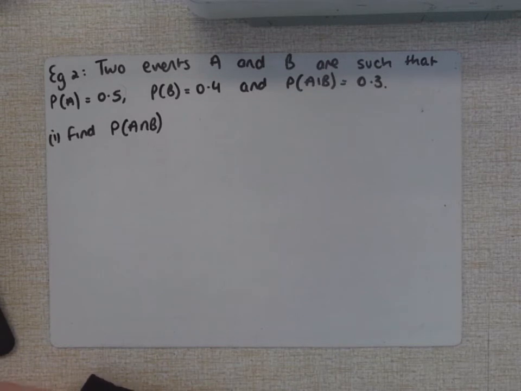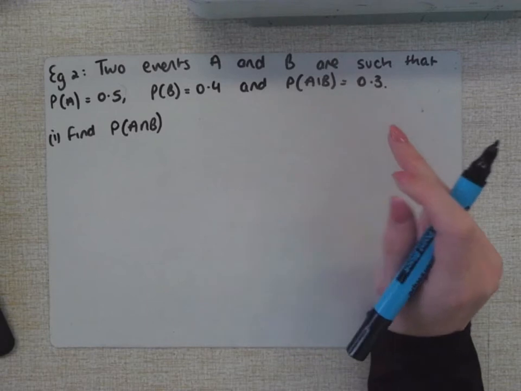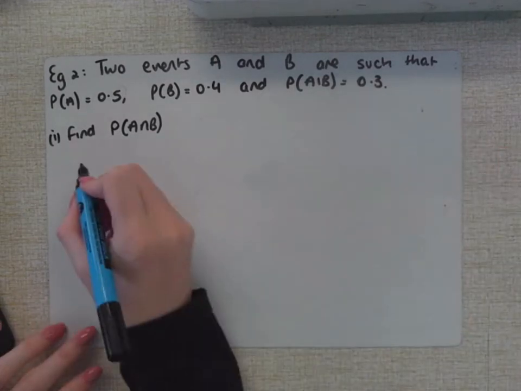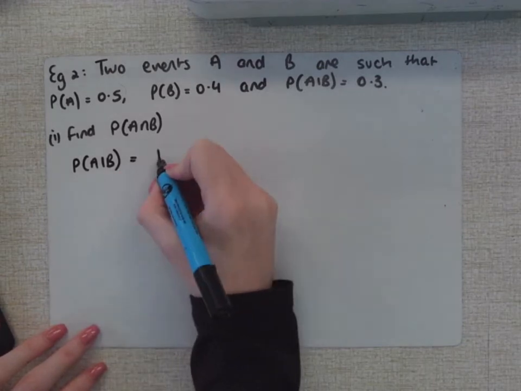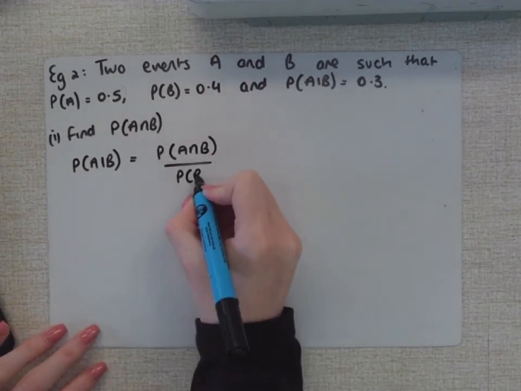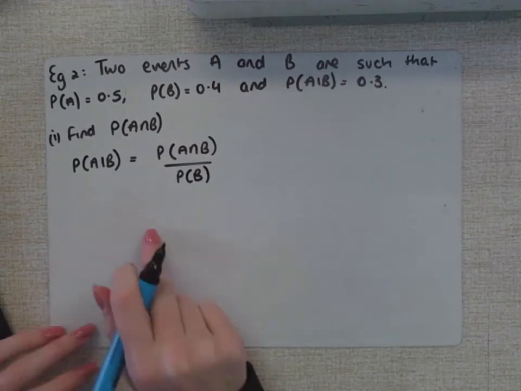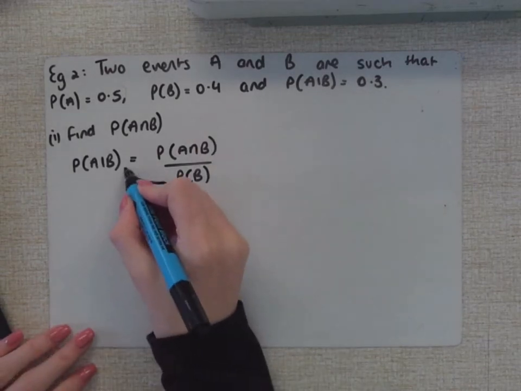So you need to think about what you've been given here in this question. We have conditional probability. So that means use your conditional probability formula that you've learnt off. So that's my conditional formula. I'm looking for the intersection.